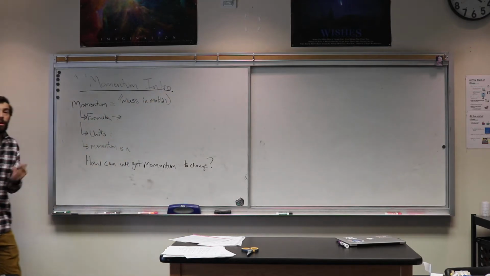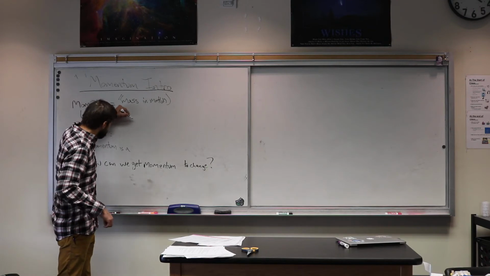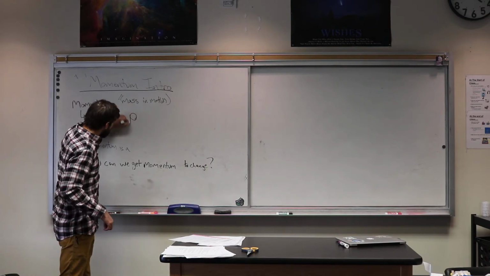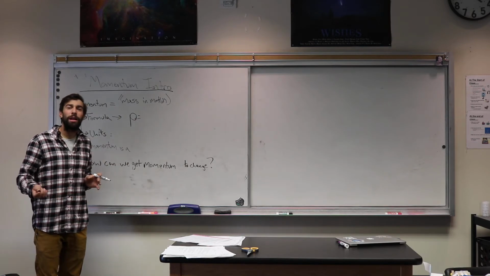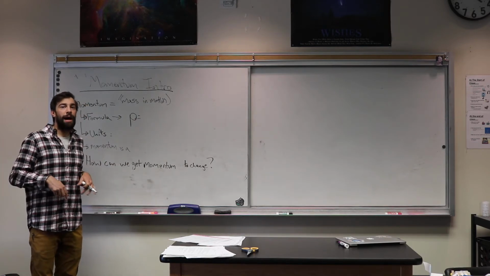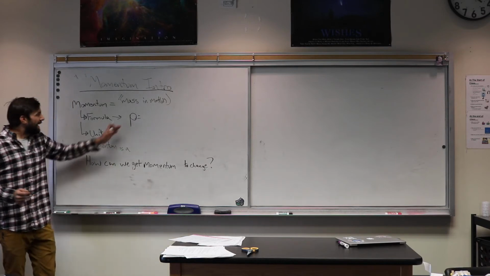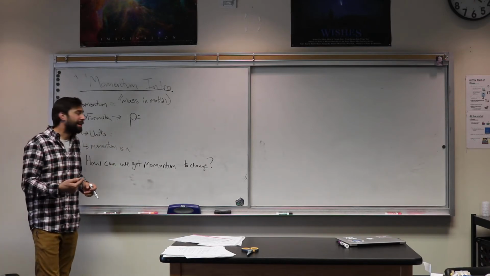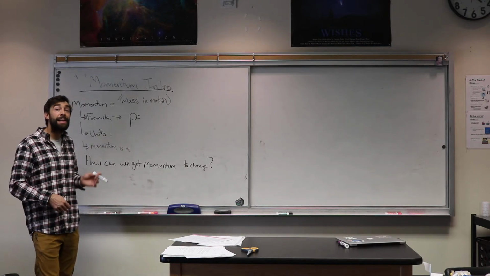So our formula for momentum, the symbol for momentum is actually P. Why P? Well, what's M already taken by? Mass, right? So we have to use a different letter. I think a physics student told me this once, and I'm sure I looked it up at some point, but I forget off the top of my head.